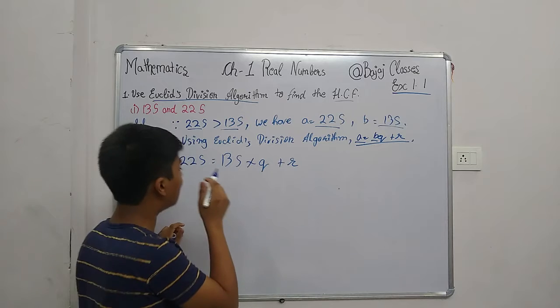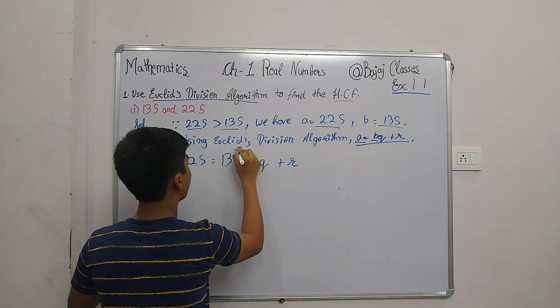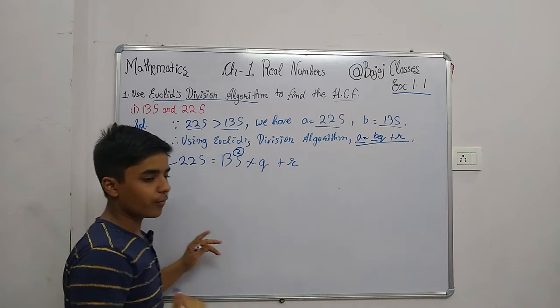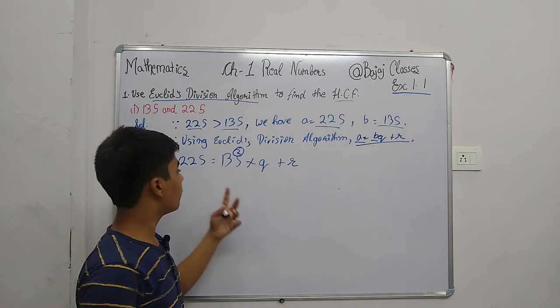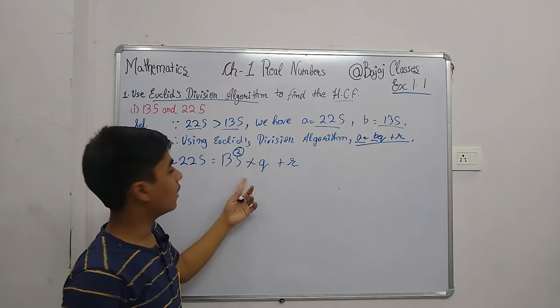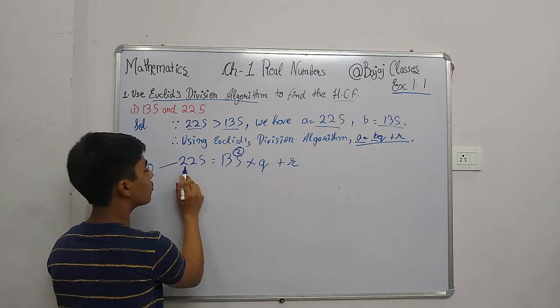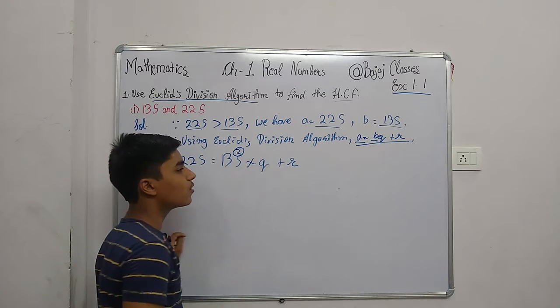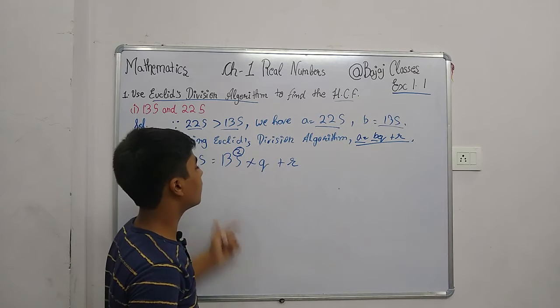I forgot to tell you that this is the first value and this is the second value. We can just say first value and second value. So the first value is 225, the second is 135. Or you can also say A and B. A is 225, B is 135.